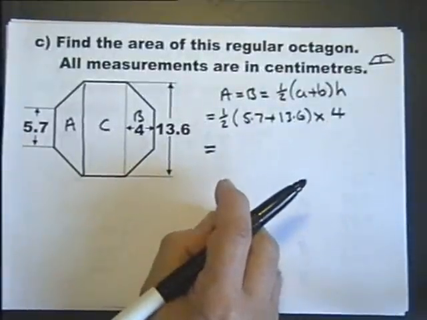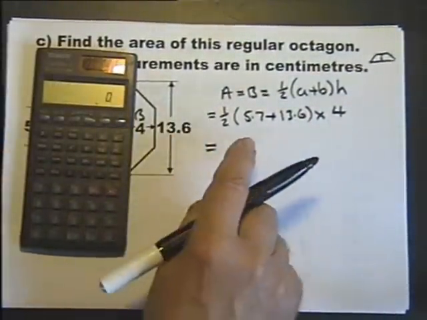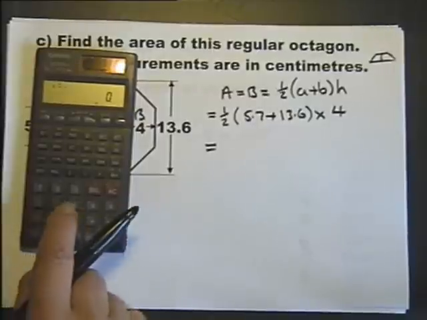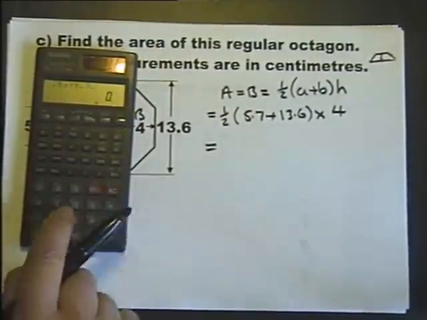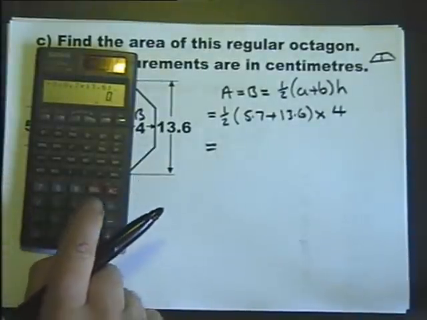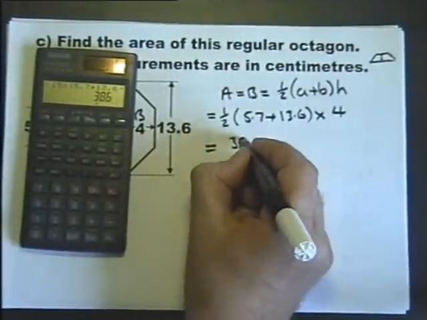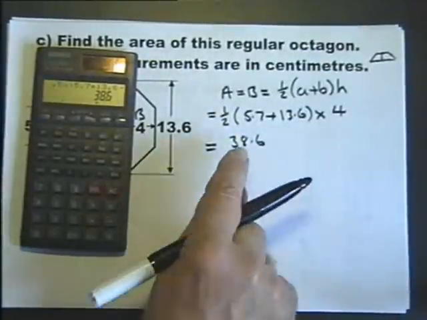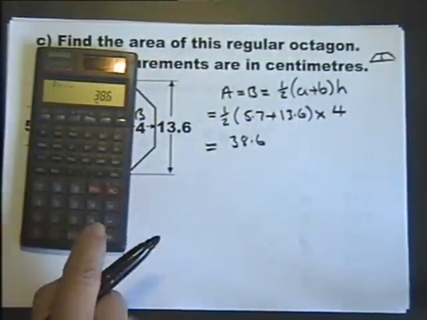So let's work that out. We'll do 0.5 multiplied by open brackets 5.7 plus 13.6 close brackets, multiplied by 4. Just to make sure I haven't made a mistake, I'll do half of 4 is 2, and do 2 multiplied by open brackets 5.7 plus 13.6.